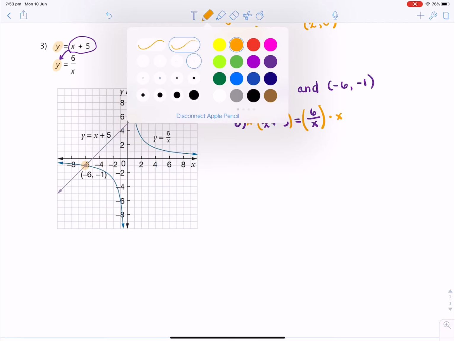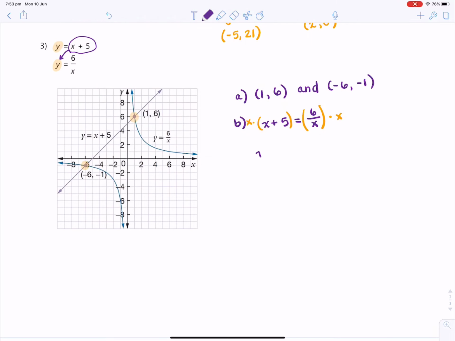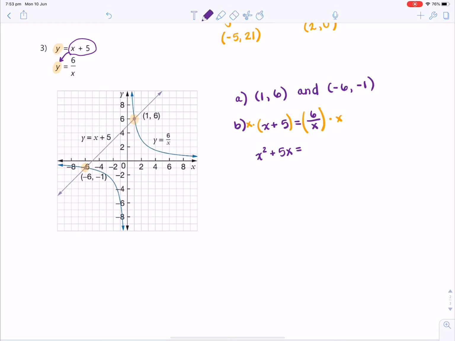On the left side, that gives me x squared plus 5x. And on the right side, those x's cancel and I'm left with just 6. So I'll go ahead and notice that this is a quadratic equation. If I want to solve a quadratic equation, I can always start by setting it equal to 0. So I'll rearrange the equation to x squared plus 5x minus 6 equals 0.